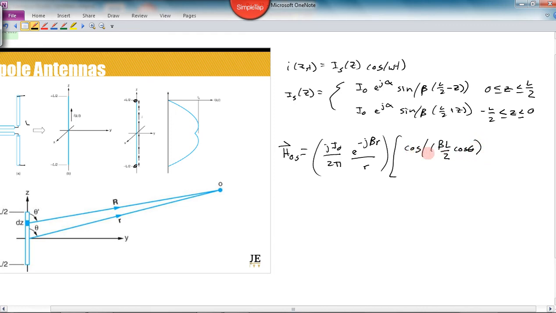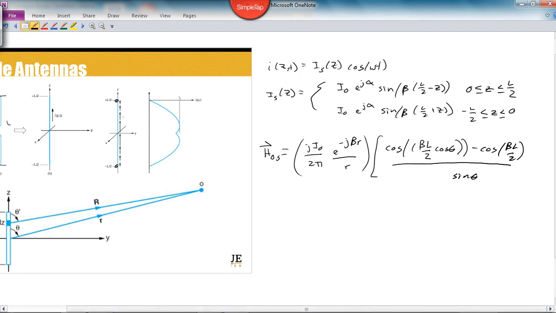So the cosine is taken of all of this stuff, minus cosine of beta L over 2. We divide all of this by sine of theta, and this points in the a hat phi direction.